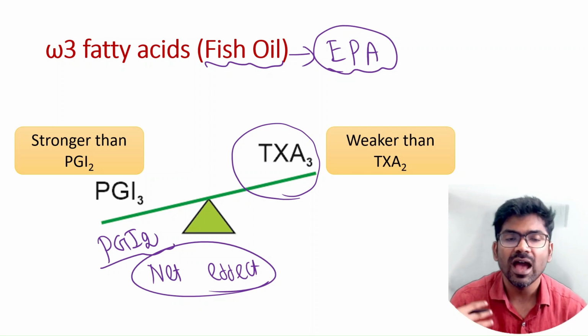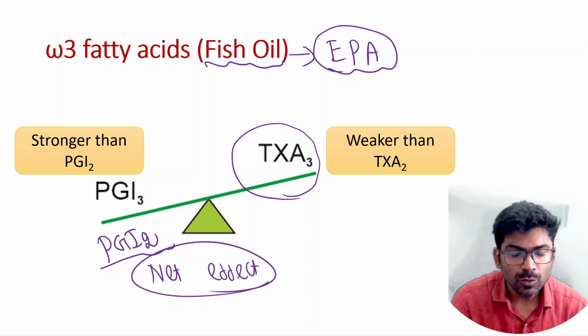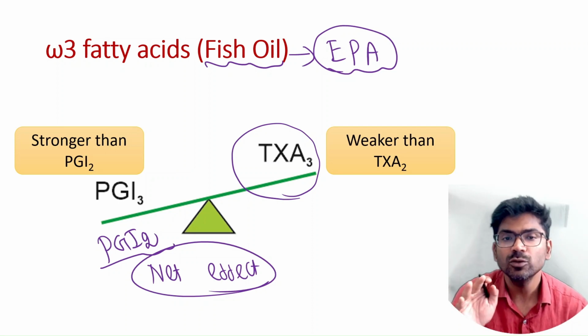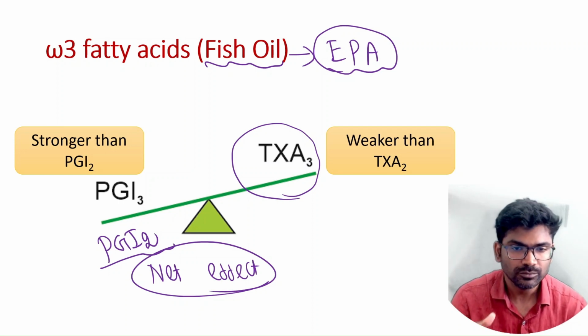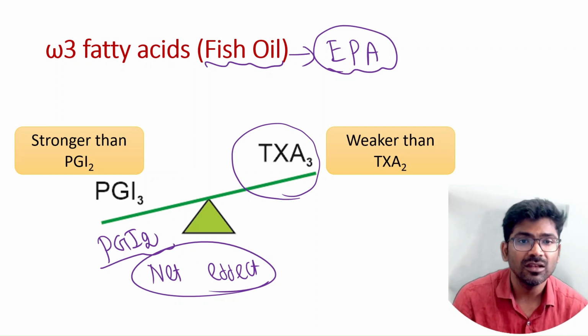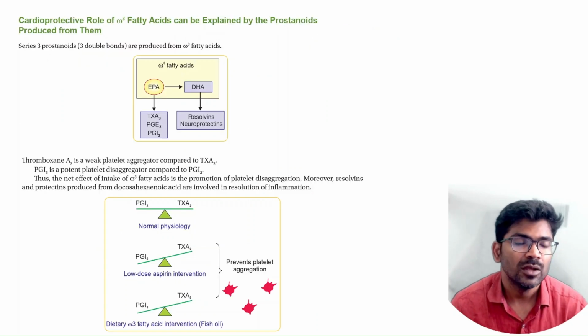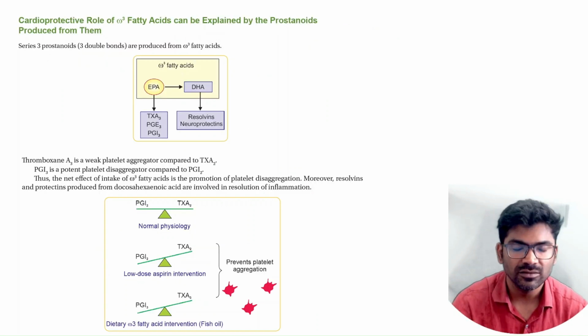Why do we give aspirin? Low dose aspirin is going to inhibit thromboxane A2 synthesis in the platelets. So low dose aspirin is beneficial. In the same way, fish oils are beneficial. In my book, I have explained this clearly.